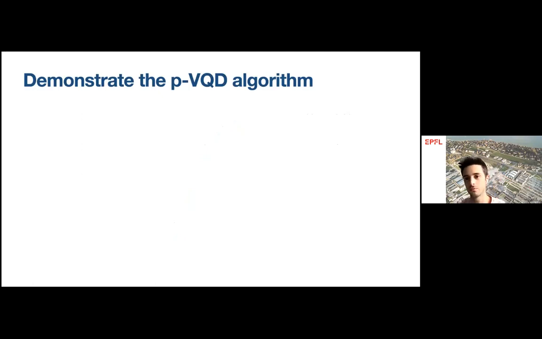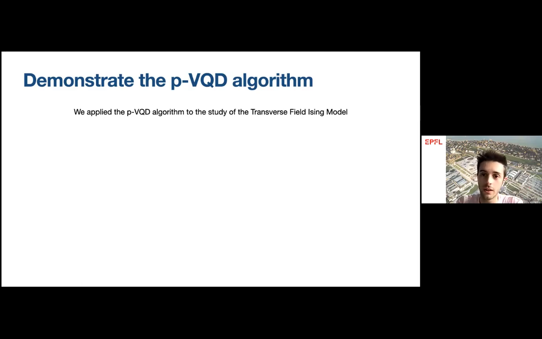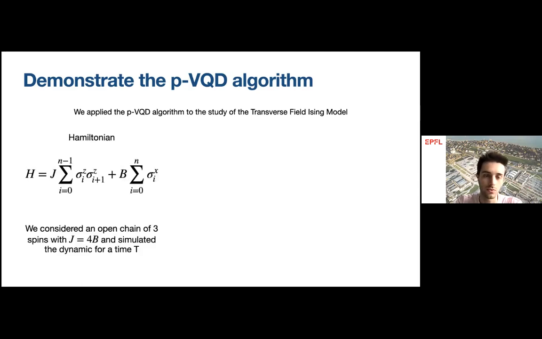We wanted to use a toy model to demonstrate this algorithm. So we applied it to the study of the transverse field Ising model, which has the following Hamiltonian, for a chain of 3 spins. We have an interaction on Z, and a transverse field along X, which acts locally on all the spins.